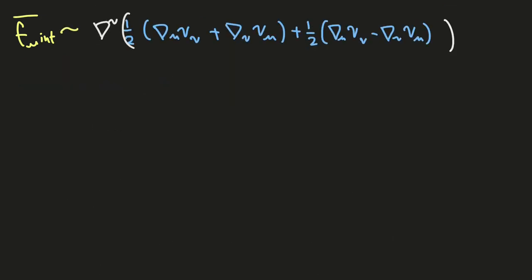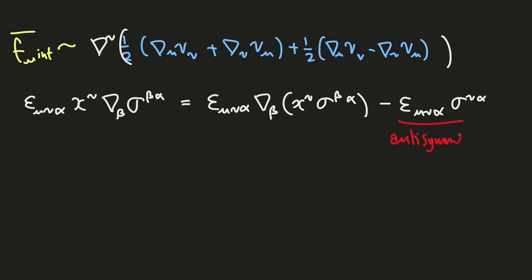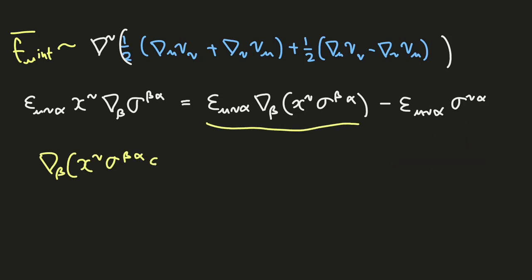By the product rule or Leibniz rule, we get the covariant derivative as this, where the second term is about the antisymmetric contribution of sigma. You will see that the first term here we can rewrite as this, and by this form we can integrate it as a boundary of region omega.